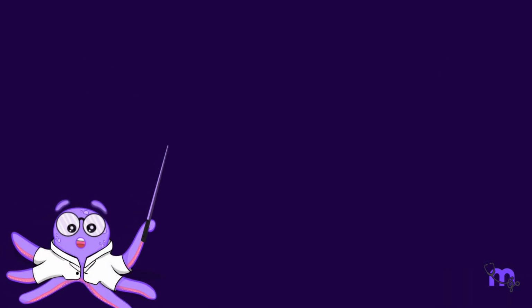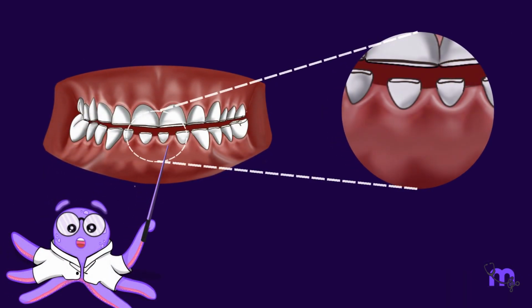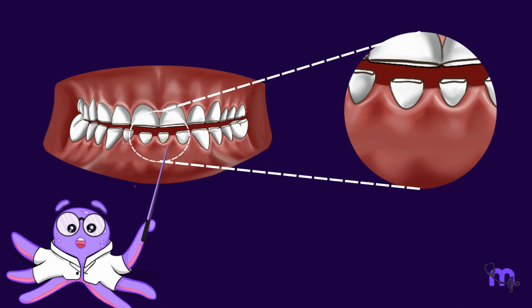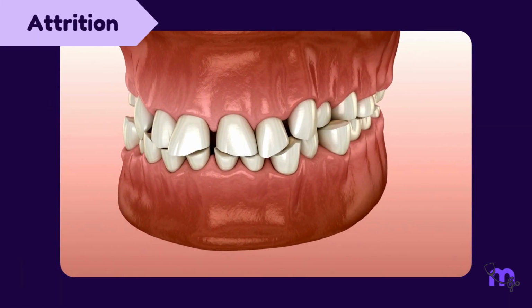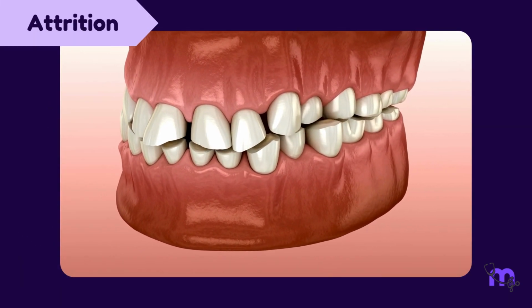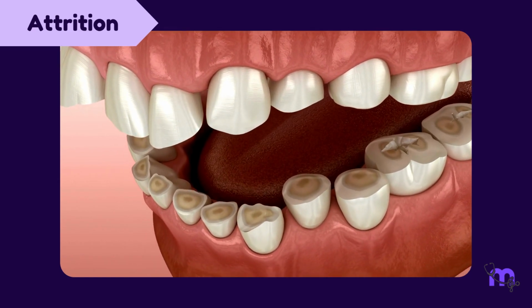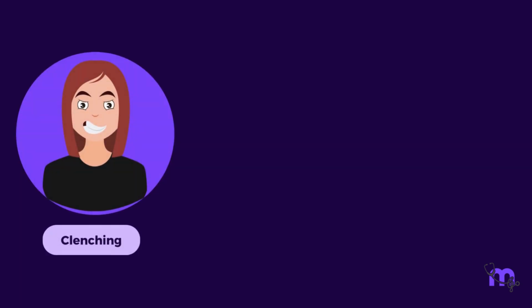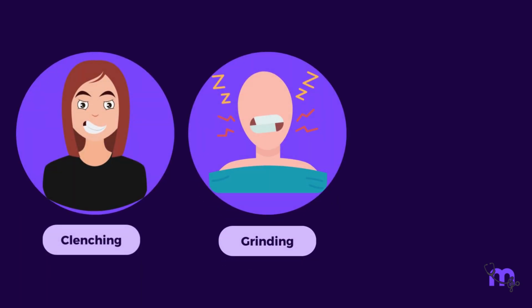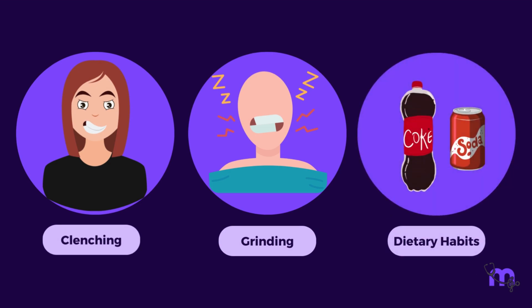Before we conclude, focus on the mandibular incisors in this image. Notice anything peculiar? It's a case of attrition. Attrition, a natural process of tooth wear, occurs gradually over time due to friction between opposing teeth, accelerated by habits such as clenching, grinding, and specific dietary choices.